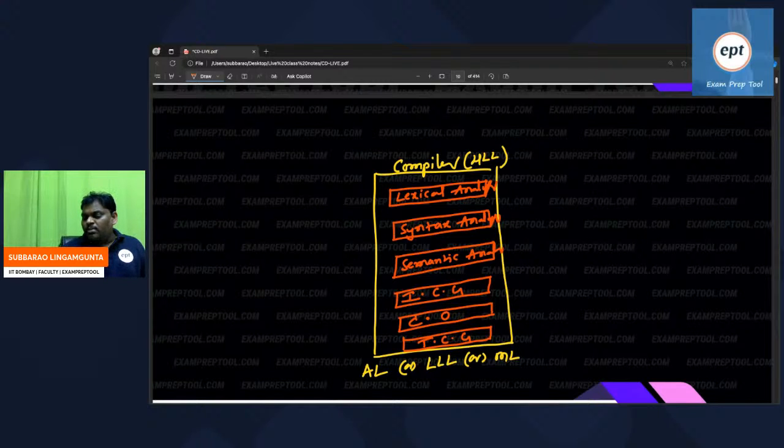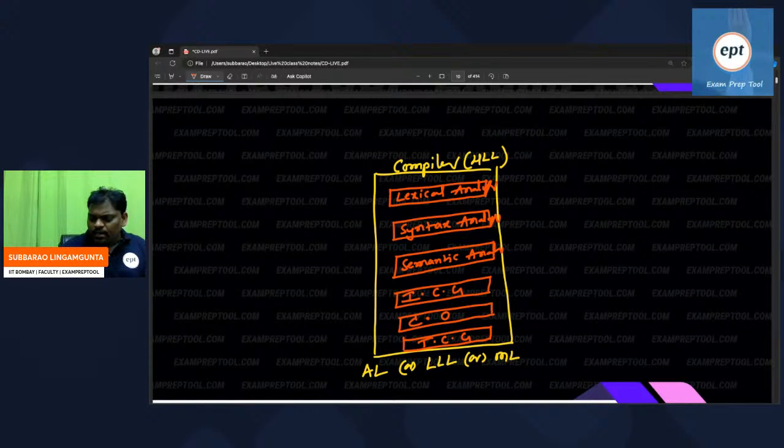One function is lexical analyzer, one is syntax analyzer, one semantic, one intermediate code generator, one code optimization, one target code generator. So approximately 6 functions are there, from lexical to target code generator.